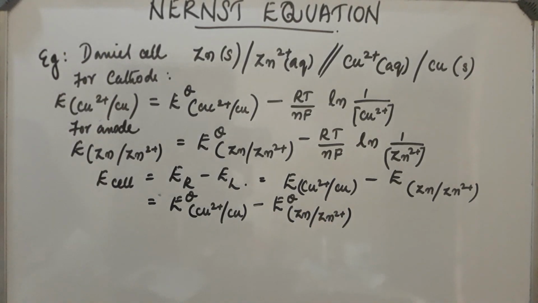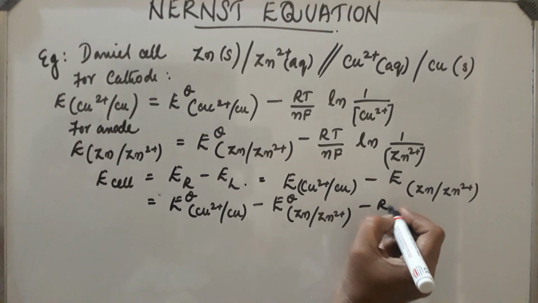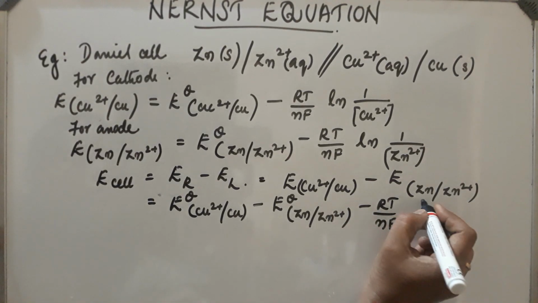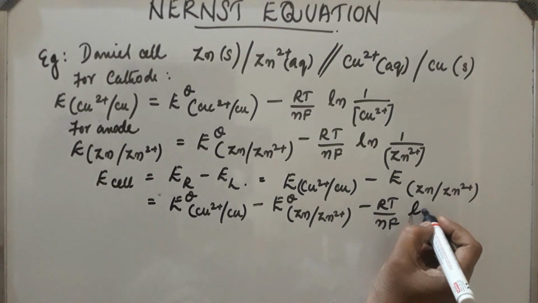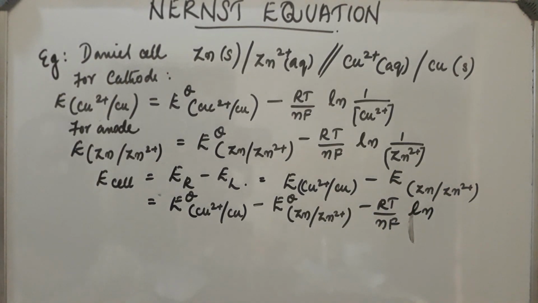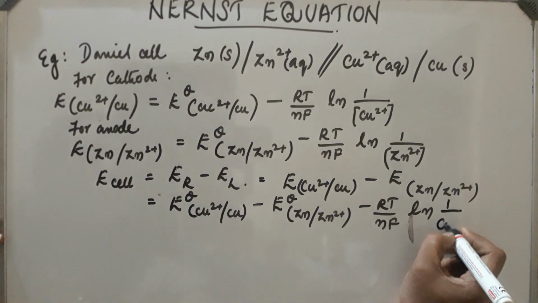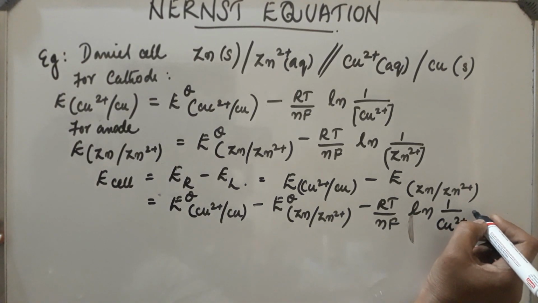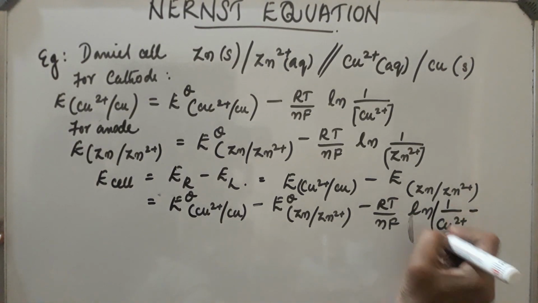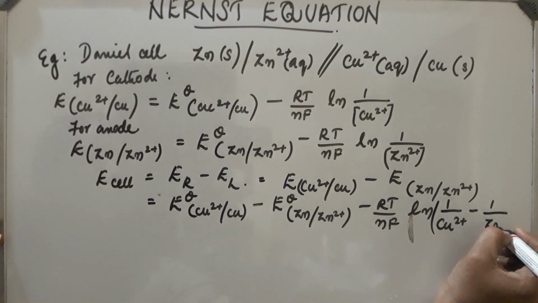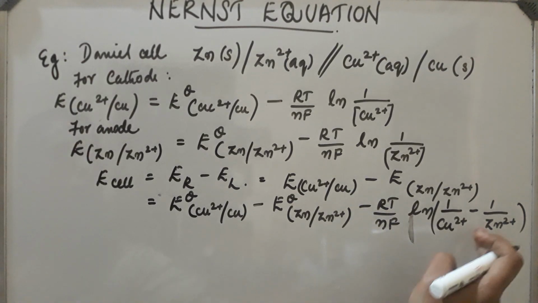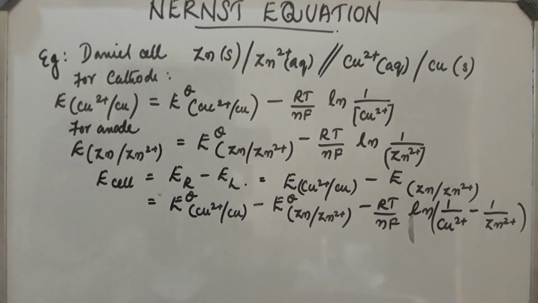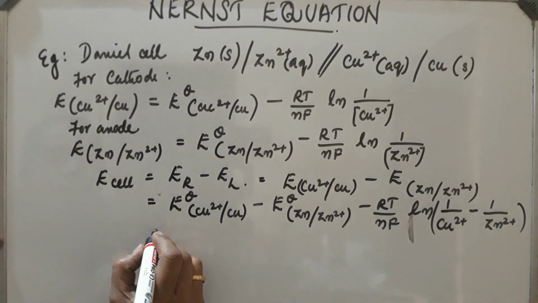Then next, minus RT by nF is common into log 1 by Cu2+ minus 1 by Zn2+, like this. So, we have log 1 by Cu2+ minus log 1 by Zn2+. How can we write this?